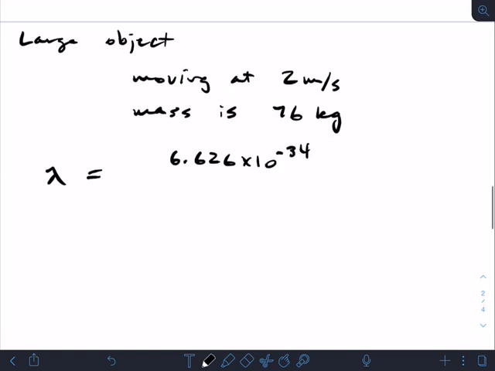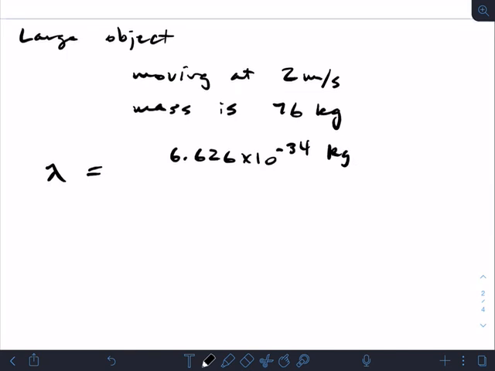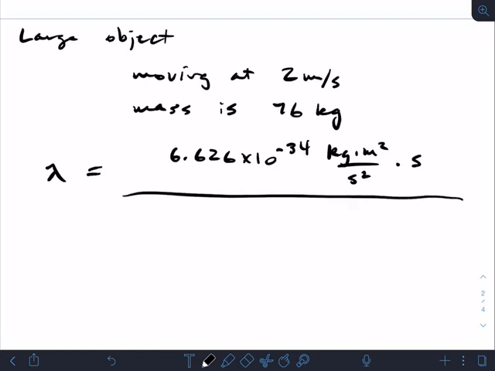Now, Planck's constant is in joules seconds, but remember joules can also be written in terms of kilograms, meters, and seconds. So kilograms times meters squared over seconds squared times seconds, because that's joules seconds, divided by 76 kilograms times 2 meters per second.